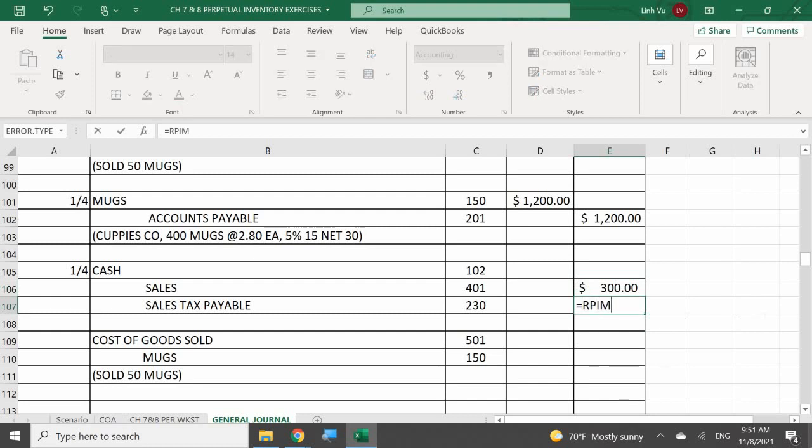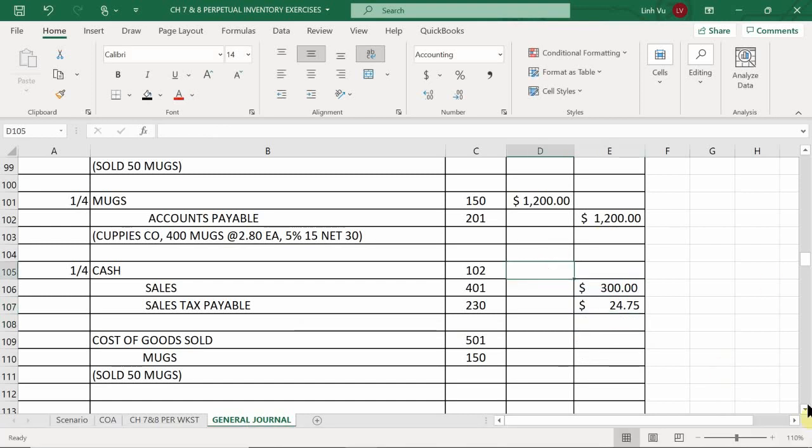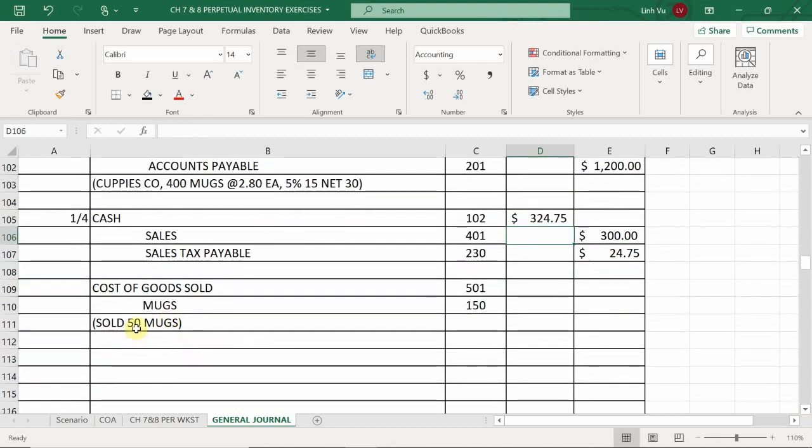How much tax am I going to be collecting? 24.75. Okay. Bringing me my total cash to be $324.75.